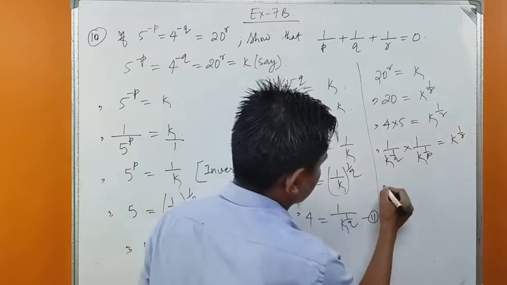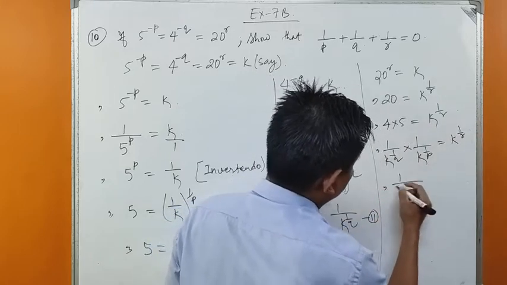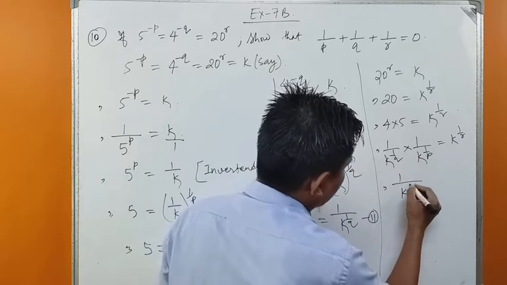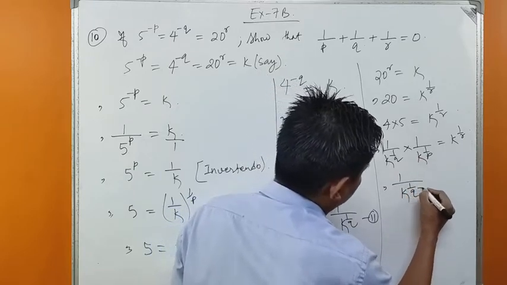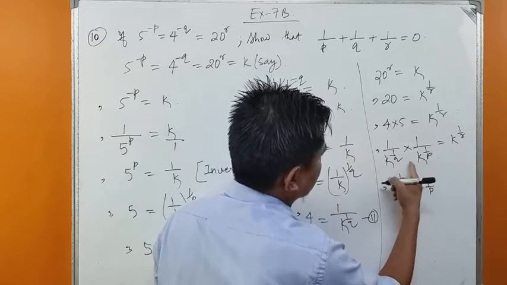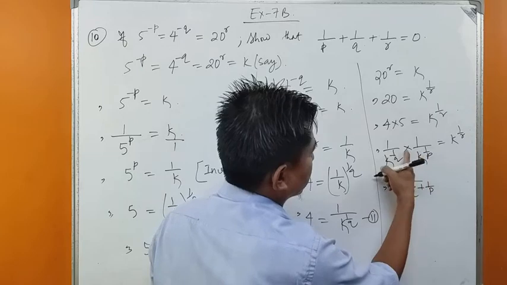Okay, so 1 upon k and 1 upon k, when we multiply this, what happens? k to the power 1 upon q plus 1 upon p. Same base, k and k, means power gets added when we multiply.